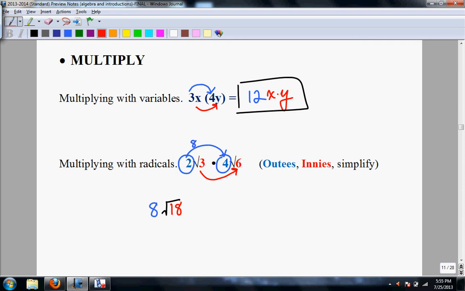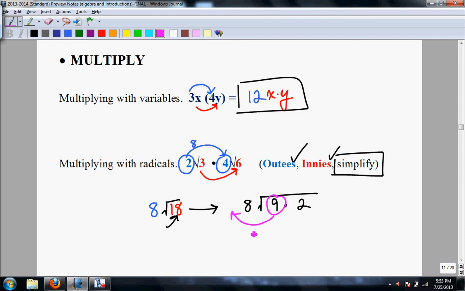But wait, there's more. Be very careful here, because not only do you multiply outies and innies, but if you can, you must simplify, which we can here. This is 8 square root of 18. There's a perfect person in there, and perfect people get paroled. Our perfect person in there is the 9 times 2. So 9 is perfect.